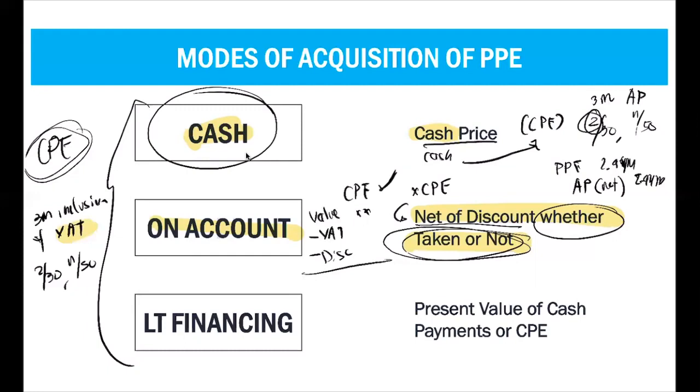Okay? So what is the value? 3 million pesos. The value is 3 million pesos. What is the VAT? Alam niyo na ba mag-compute ng VAT? So ang gagawin mo, 3 million divided by 112% times 12% para makuha mo yung VAT. So the VAT will be 3 million pesos divided by 1.12 times 0.12. So this will give us 321,428.57.